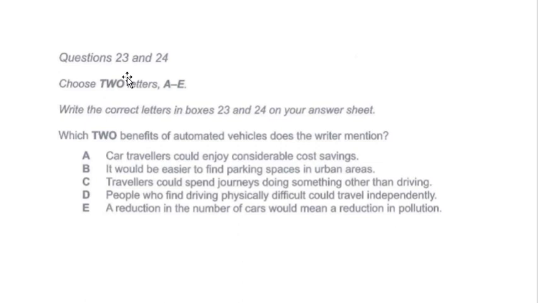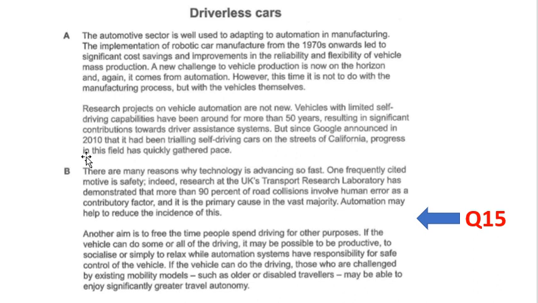So which 2 benefits of automated vehicles does the writer mention? So already we know in which paragraph this keyword lies. Yes, we are going to go to paragraph B directly, because here they are talking about why technology is advancing so fast.